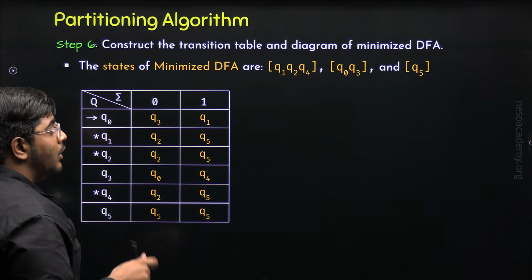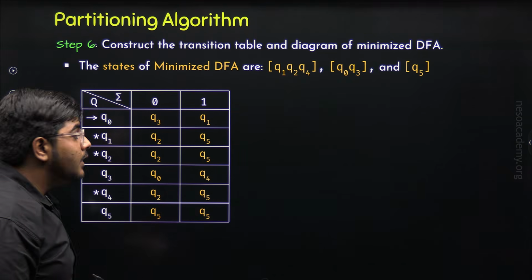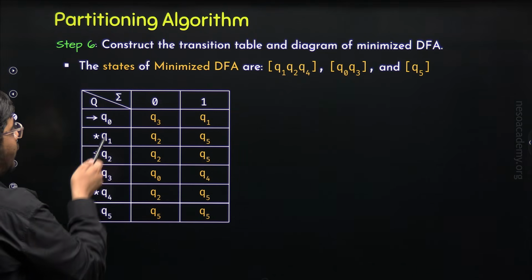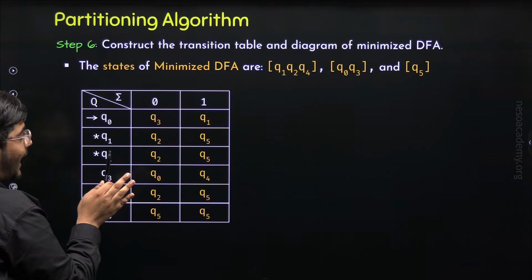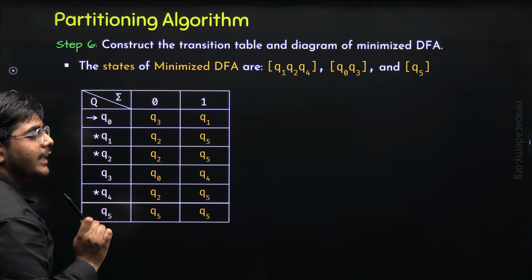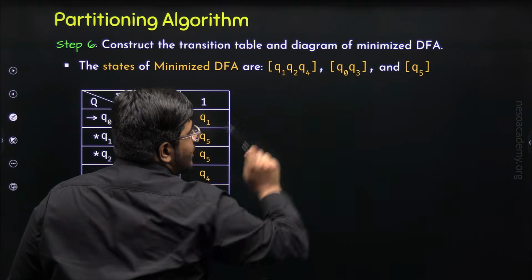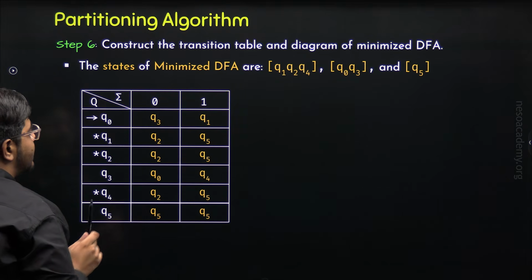First, we need to check what are the initial and final states of minimized DFA. So, the initial state of original DFA is Q0. That is why the state which contains Q0 will be the initial state of minimized DFA. That is why Q0, Q3 will be the initial state. Now let's check the final state.